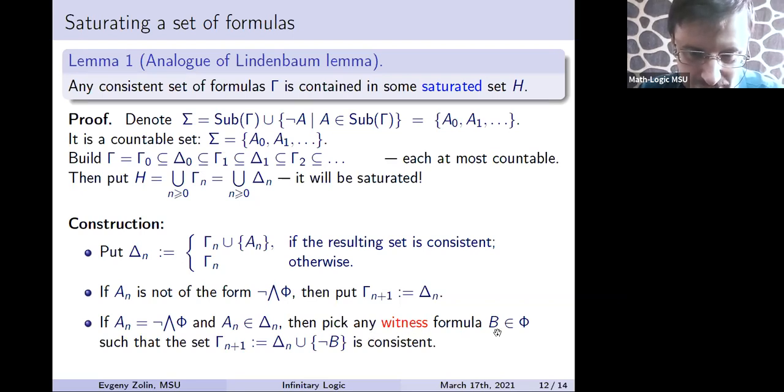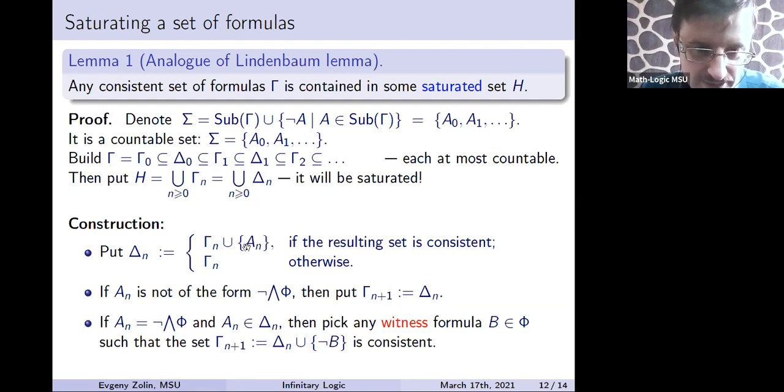We need to find in our set of formulas phi some formula B such that we can add not B to our set and still obtain a consistent set. The question is, why does this formula B exist?